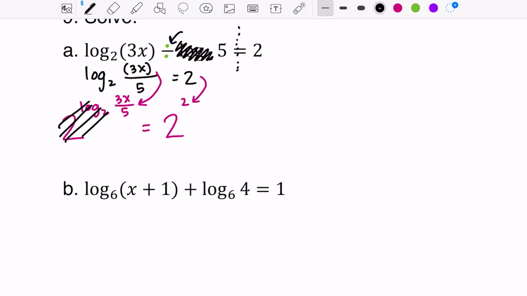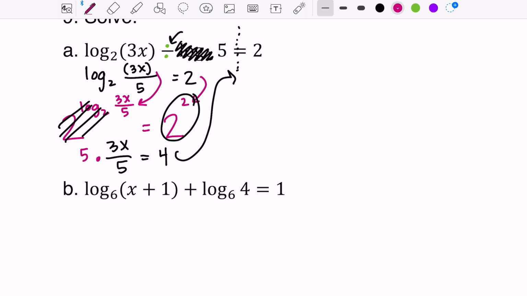So we have 3x over 5 equals 2 to the 4th power, which is 4. And then from there, we can just use reverse properties. This is dividing by 5, so we're going to multiply by 5. And we get 3x equals 20. Divide by 3, divide by 3, x equals 20 over 3.